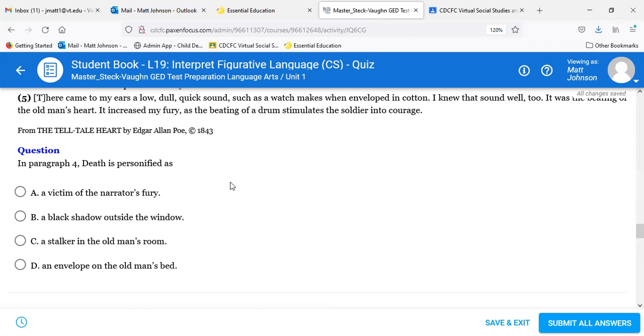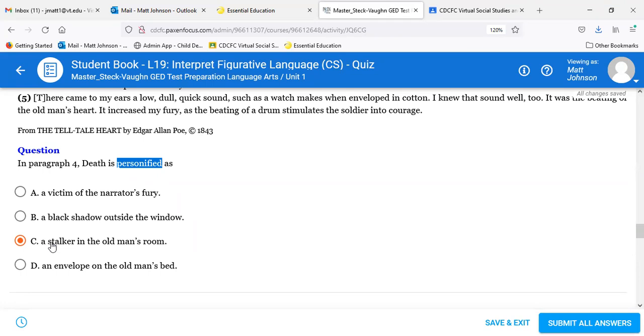B. So it's C. And the thing to remember about personified, right? Personification is giving human-like qualities to something, whether it's an inanimate object or an animal. You're giving it human details. And if you look through here, the only human-like thing is a stalker, right? A stalker being someone that's preying on somebody.